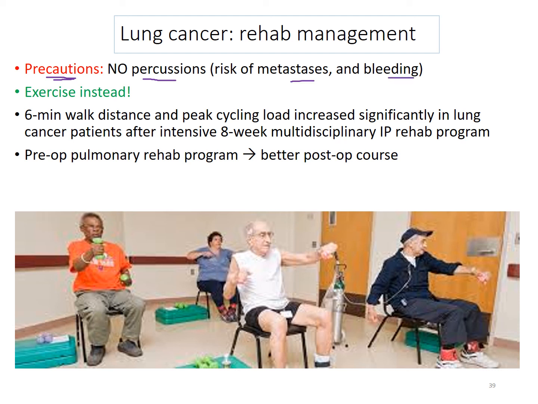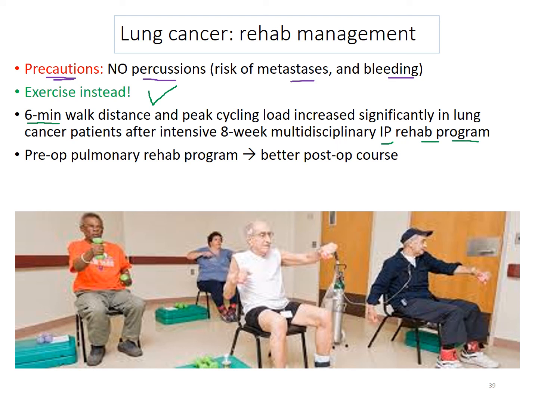So what can we do? Well, we can exercise. Exercise has been shown to be effective in almost all types of cancer in the various stages of cancer. Six-minute walk distance and peak cycling load increased significantly in lung cancer patients after an intensive 8-week multidisciplinary inpatient rehab program.